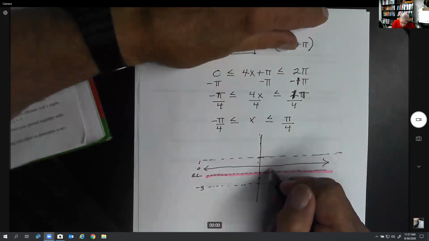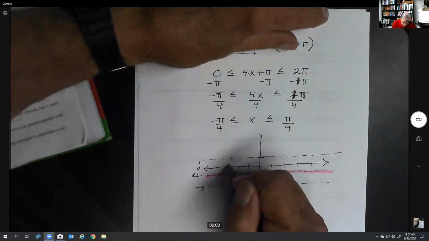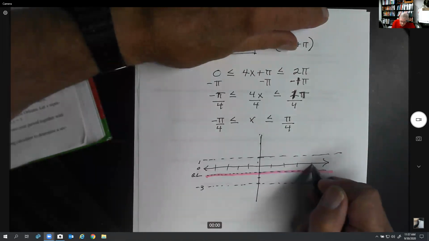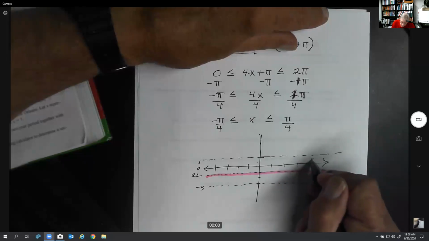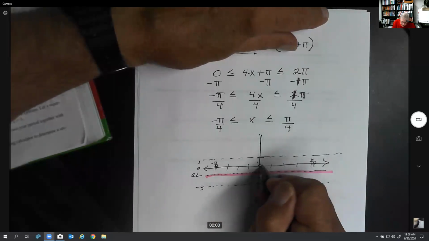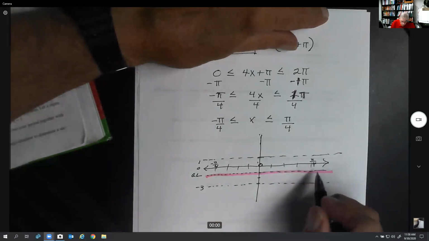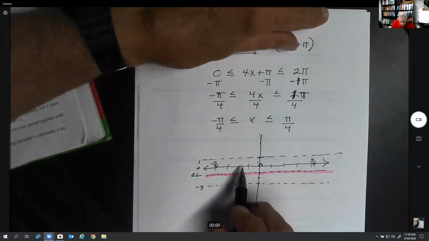Okay, this is fourths. So this would be 1, 2, 3, 4, 1, 2, 3, 4. Right here, this is pi over 4. This is negative pi over 4. Right in between these two is going to be 0, right? Okay, so now what's the name of this point right here?